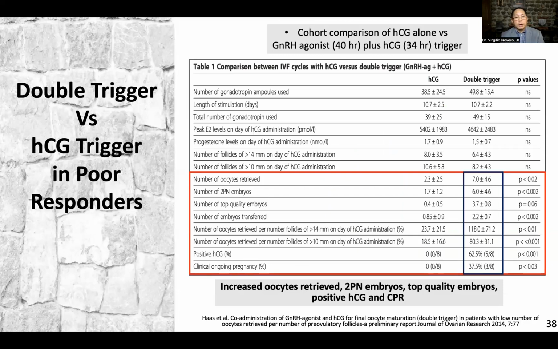So this is double trigger compared to HCG trigger alone in poor responders. This is by Haas, and he found that the double trigger group showed more oocytes retrieved, more 2PN embryos generated, more top quality embryos generated, also more positive HCGs and higher clinical ongoing pregnancies.